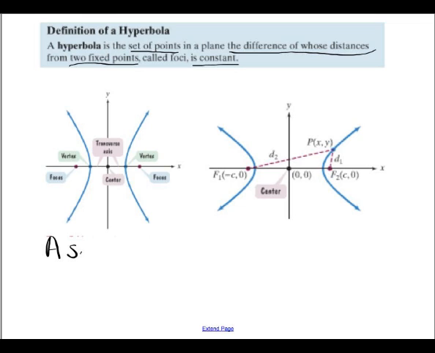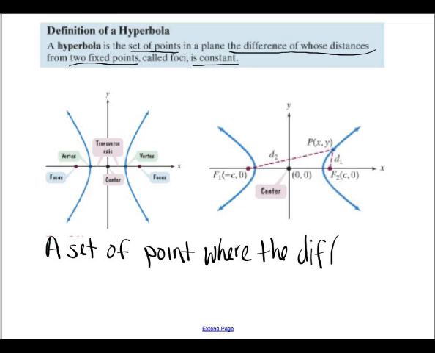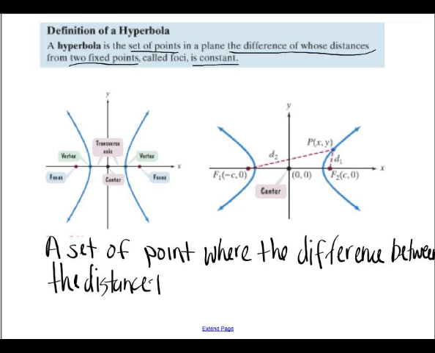So it's a set of points where the difference between the distances to two fixed points is constant.